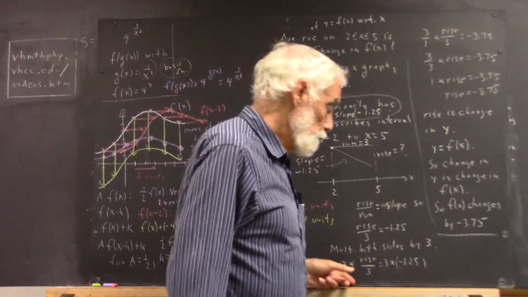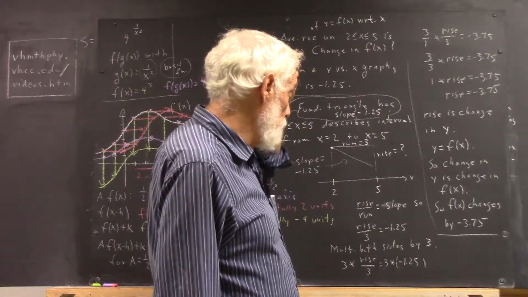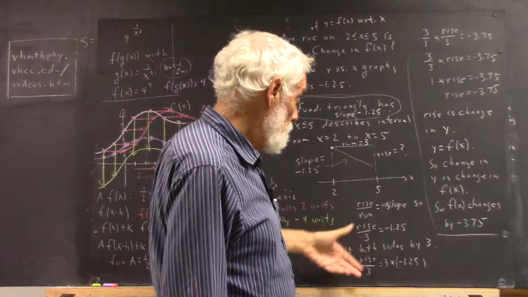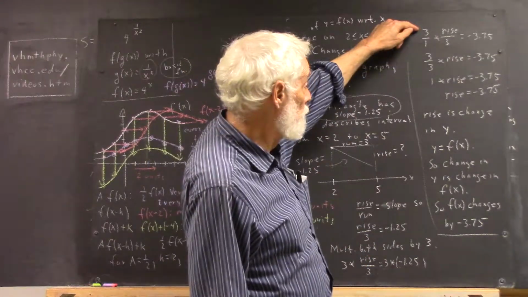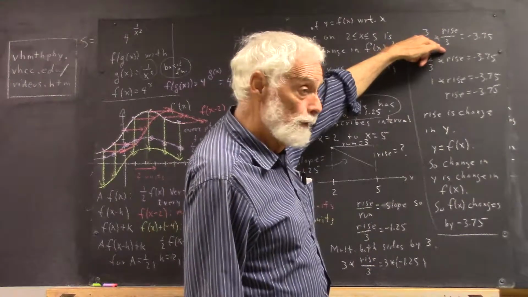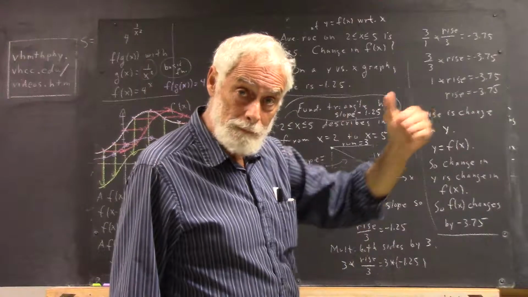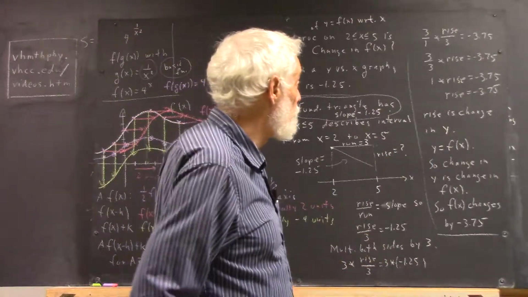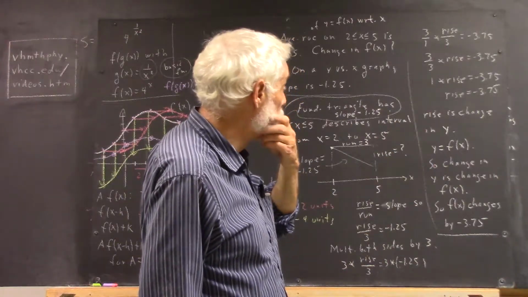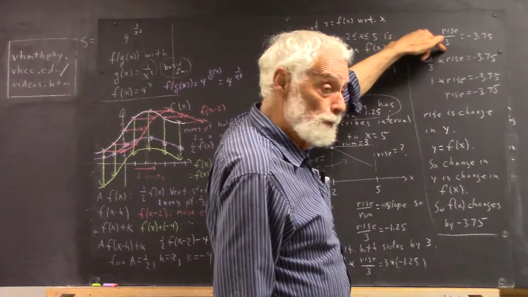Well, let's be really careful then. If we're a little confused and not sure what this means, you're multiplying basically two fractions. You can write 3 as 3 over 1 and rise over 3 as rise over 3. So let's write both of these factors as fractions, as rational numbers. So that's 3 over 1 times rise over 3.